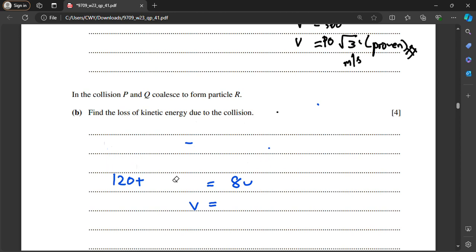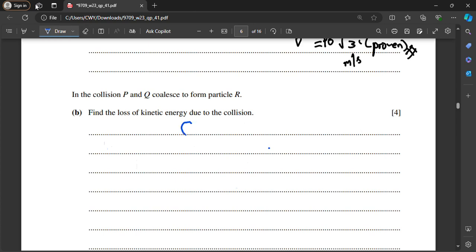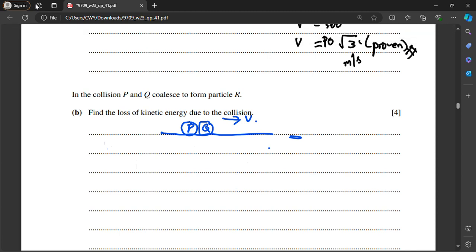What am I doing? Sorry, it's not m1u1 plus m2u2. Because, okay, now you are like this. Let me show you again. No wonder I felt something was wrong just now. P and then Q, so they move. Now they are at a horizontal surface with a v. So now you can use the formula m1 plus m2 times v equals m1 u. According to the law of conservation of momentum, the momentum does not change.